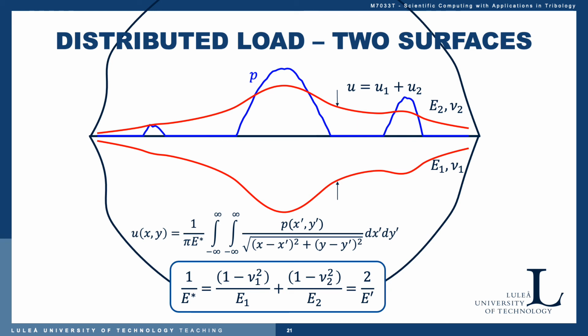Doing so, we introduce a reduced elastic modulus or effective elastic modulus if you like, and these may be introduced in different ways, and here we have two of them. 1 over E star, which is equal the sum of these Poisson ratio over Young's modulus type of terms, or we do 2 over E prime as a definition for this effective or reduced Young's modulus.